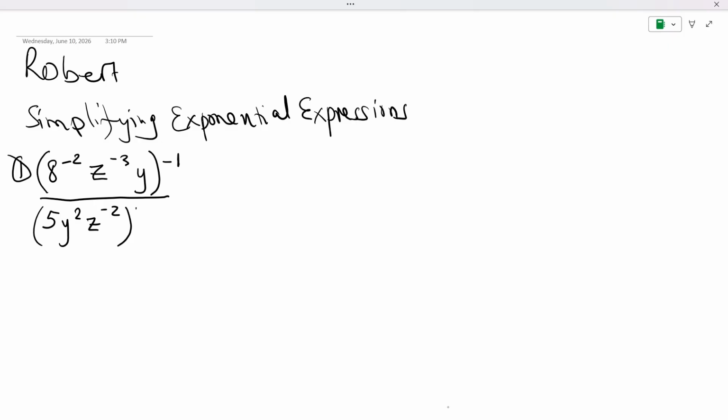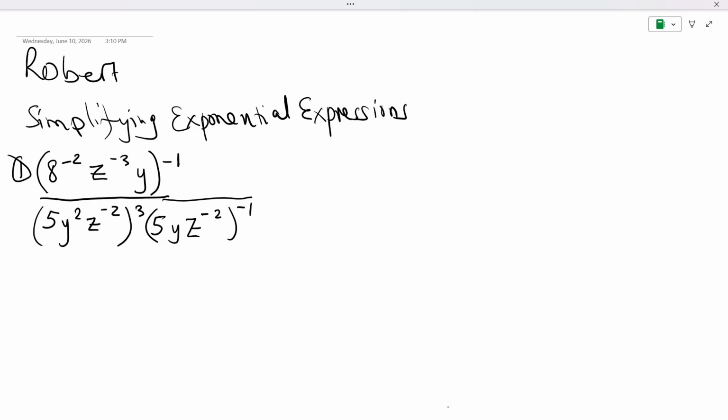All this is cubed. And then all that is multiplied by 5y z to the power minus 2, all to the power minus 1.